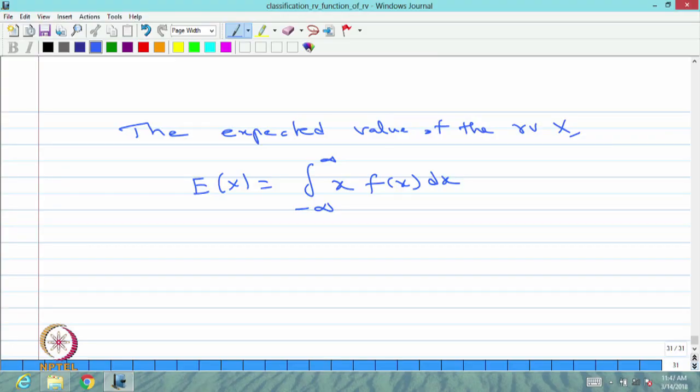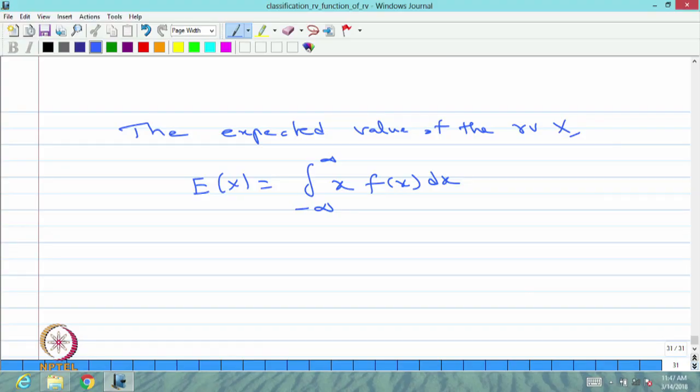So, the provided condition is very important. If the provided condition is not satisfied, even if you get the value of this integration without absolute, that is not going to be called an expected value. It is very important to conclude in the absolute sense: the summation for a discrete type random variable, the integration in absolute sense for the continuous type random variable.